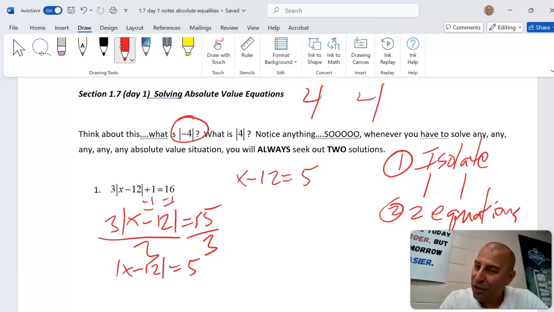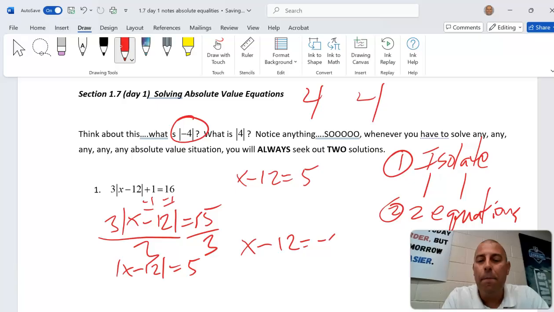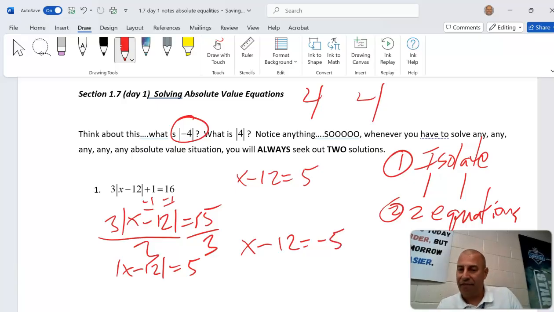The other equation is going to be x minus 12, but -5. And so there's your two equations. You always make one positive, or I guess we should say we always leave one alone. And then for the second one, we always end up taking the opposite, which is going to be your negative.